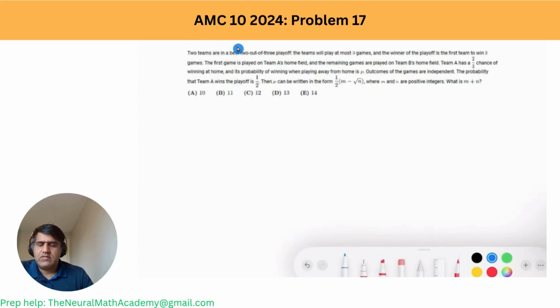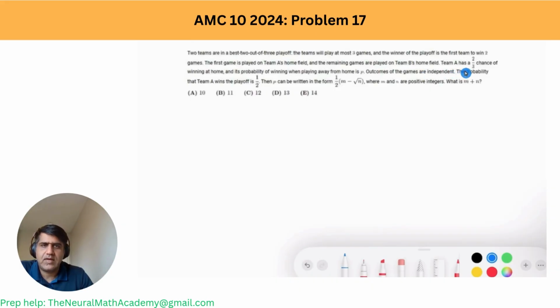So now let's look at problem 17, where we are given that two teams are in a best 2 out of 3 playoff. The teams will play at most 3 games, and the winner of the playoff is the first team to win 2 games. The first game is played on Team A's home field, and the remaining games are played on Team B's home field.